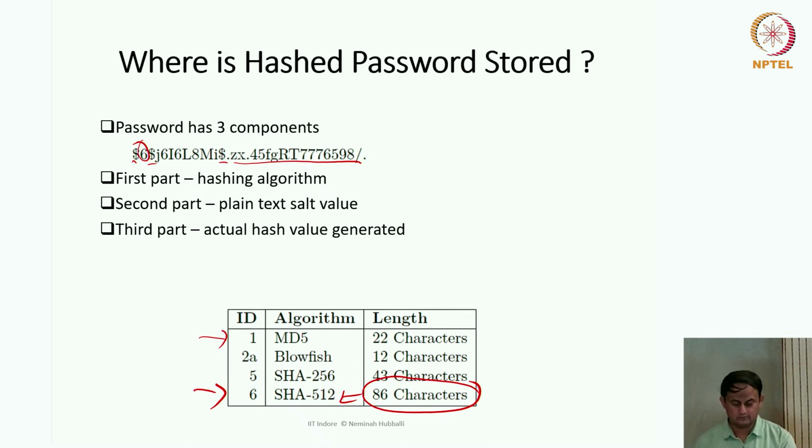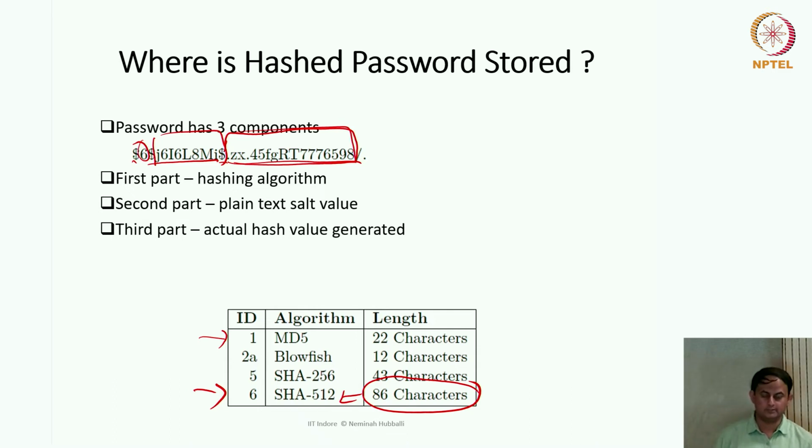To save some space, I have not put all the 86 characters here, but an alphanumeric value which looks similar. This is the actual hash value of the password. The second component indicates the random number we are referring to, the plain text salt value corresponding to that user, which is stored in the second component here.